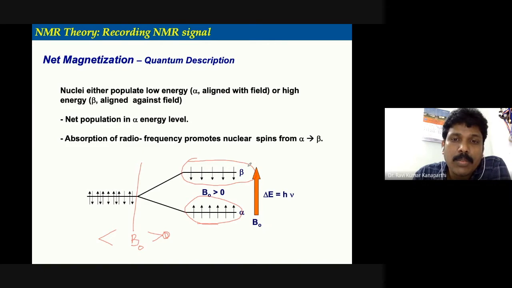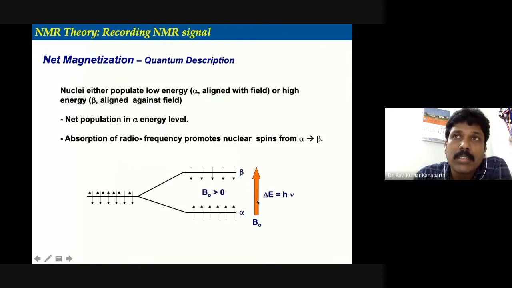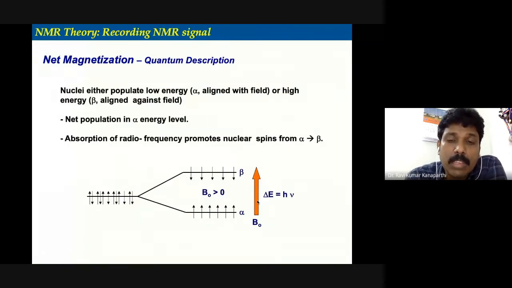Since there is a difference between the alpha and beta spin state populations, that is something that will cause the NMR signal. Very straightforward, we can understand how NMR is recorded. Very simple, right?